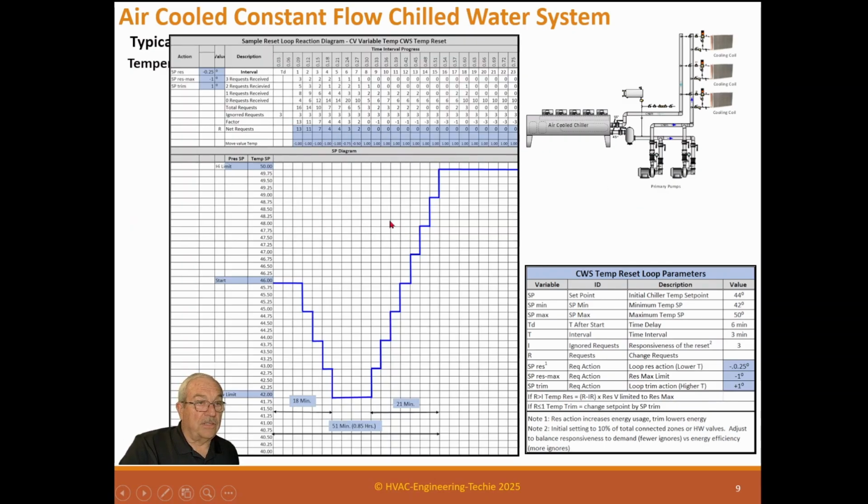Now, all I'm trying to test here is how fast, say if we start up at our normal 44 degrees, how fast can we get down to minimum in case there's a huge load that we didn't predict? So in this particular one, what happens is it's going to ignore these first 2. That's that 6 minutes time delay. So we've time delayed, and now we're measuring.